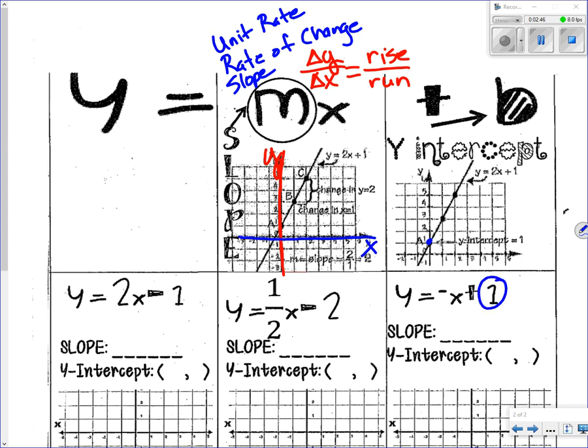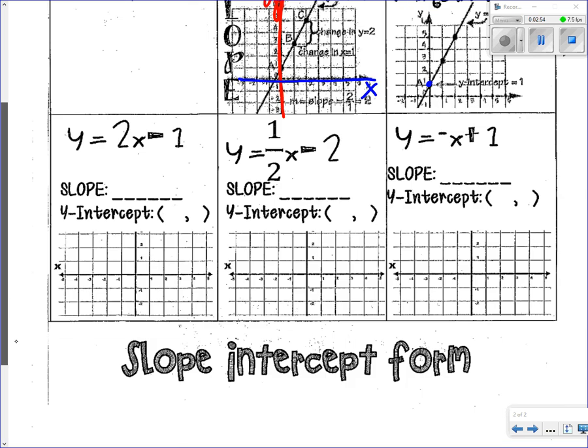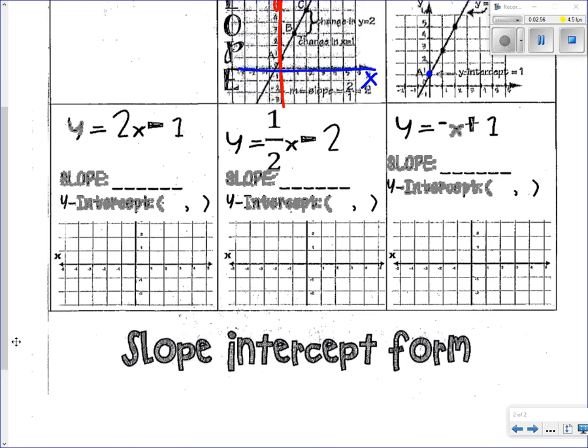But we're going to start, and we're going to do each one of these examples that we have down here. Okay, so our first one is y equals 2x minus 1. So our slope is 2. Now remember, to make a whole number a fraction, all you have to do is put it over 1.